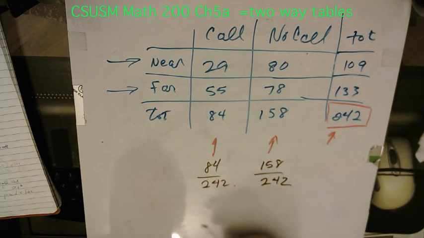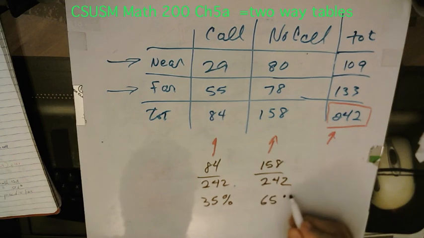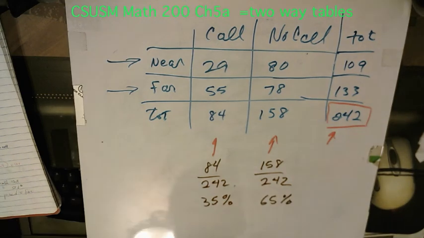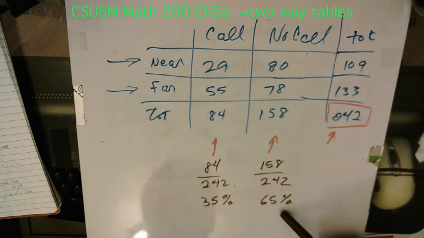Expressing those in percents, this is 35% approximately, and this 65% approximately. So based on this data, the marginal distribution of calls that were made, 35% of the prairie dogs made a call, 65% of them made no call.